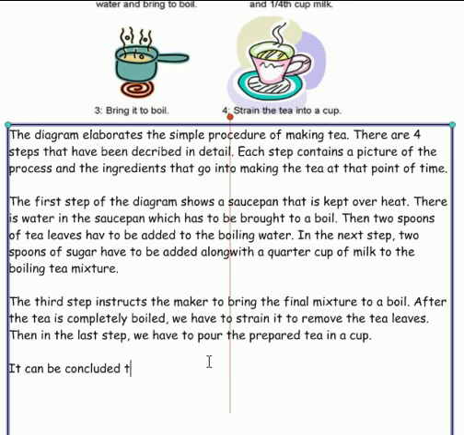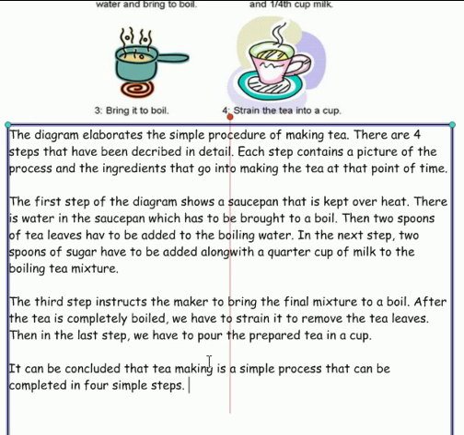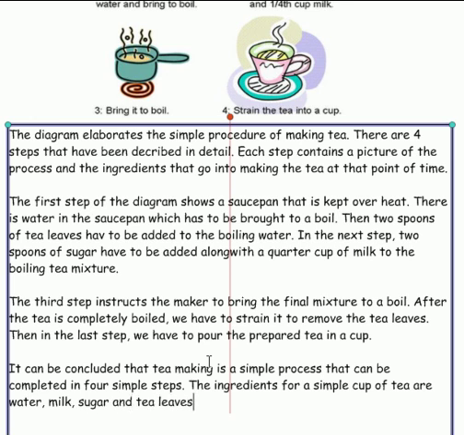It can be concluded that tea making is a simple process that can be completed in 4 simple steps. The ingredients for a simple cup of tea are water, milk, sugar, and tea leaves.